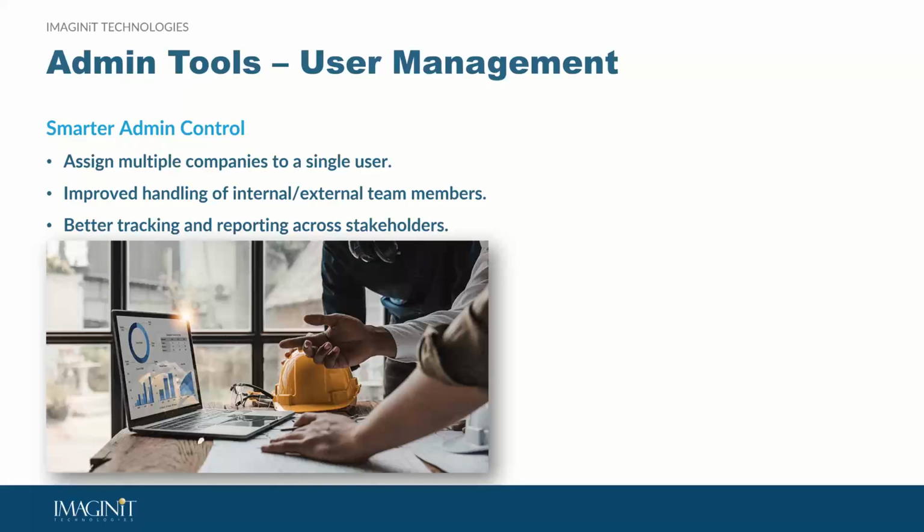And we have enhanced ability to manage our internal and external project team members, subs, consultants, things like that. It also allows us to track and report across stakeholder visibility. Again, that enhanced reporting capability we spoke of earlier.